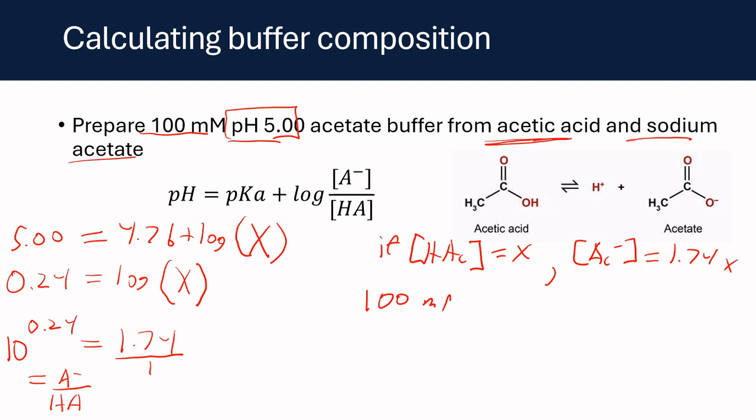The 100 millimolar is going to go over here, and some combination, X plus 1.74X, which corresponds again with acetic acid and acetate. Do a little bit of factoring. We can factor out an X from this side of the equation.